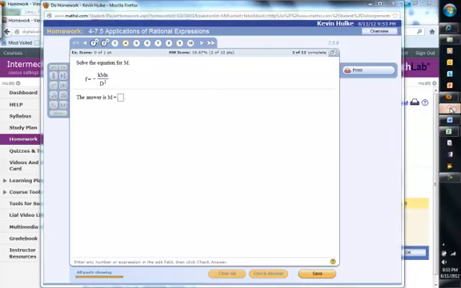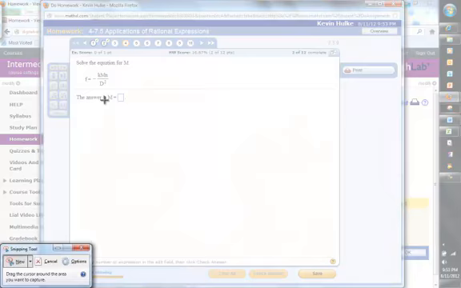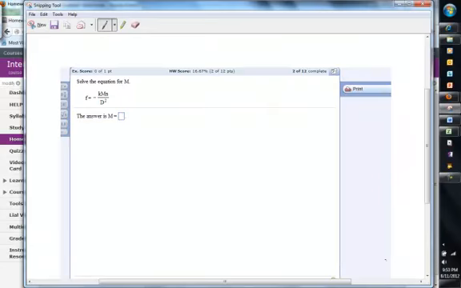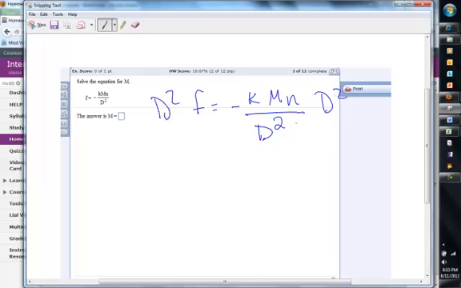Okay, another equation to solve for. Solve for capital M. F equals negative kmn over d squared. The first thing we want to do is multiply both sides by d squared. Then divide both sides by negative kn.